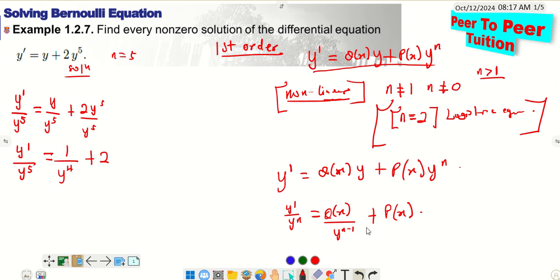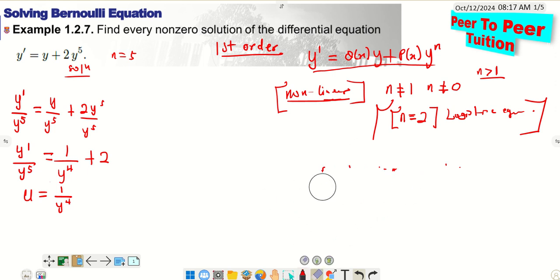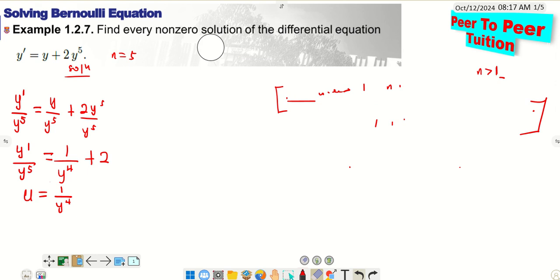So always, the coefficient of the q of x, so in this case it's going to be 1 over y exponent 4, you will let that become your u. So I can say that let u be equal to 1 over y exponent 4, so we can make a headway.